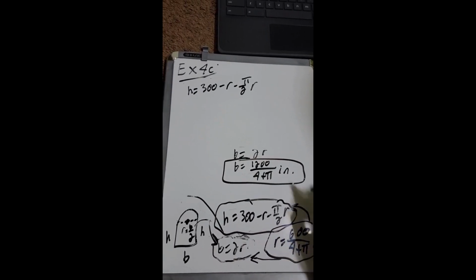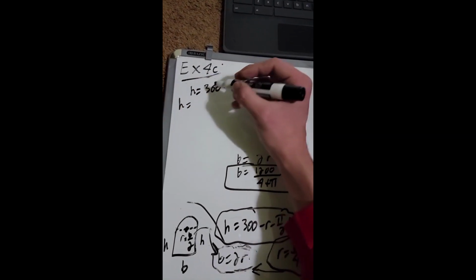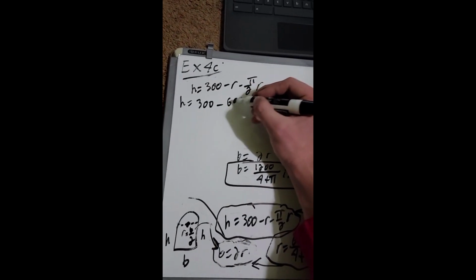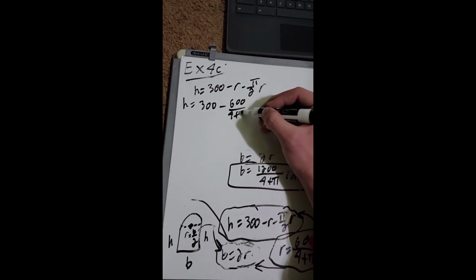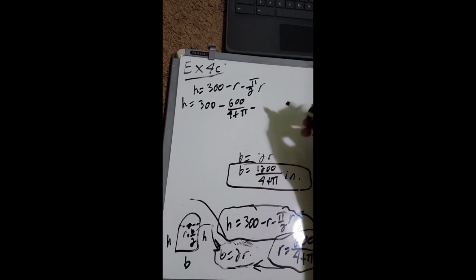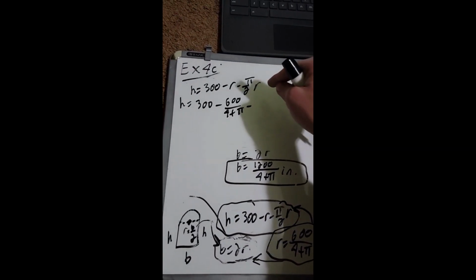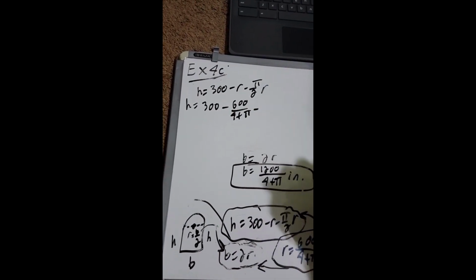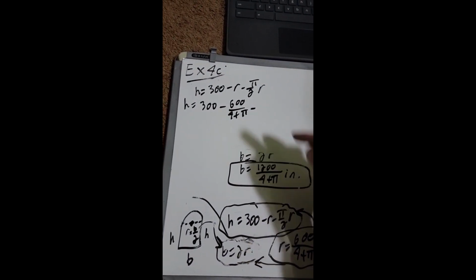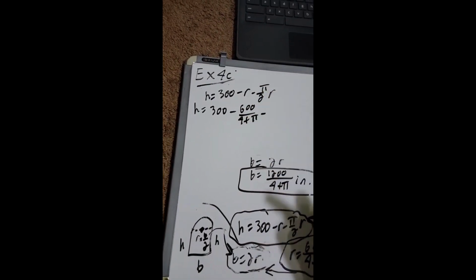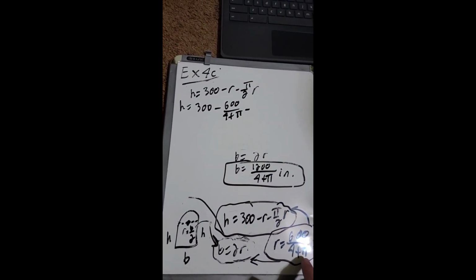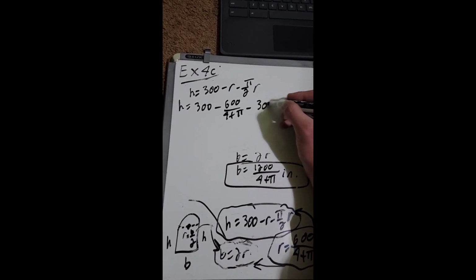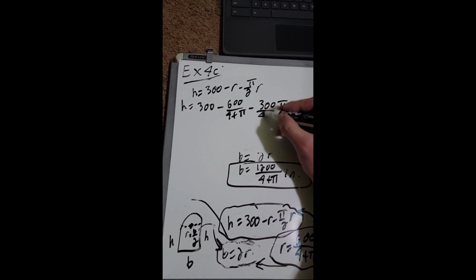Man, that's starting to get a little bit rubbed out. All right. So H equals 300 minus 600 over 4 plus pi minus, you're going to have 600 times pi, but that 600 is going to be over a 2, and that 2 is going to multiply by 4 plus pi. So you can actually reduce here. 300 pi over 4 plus pi.